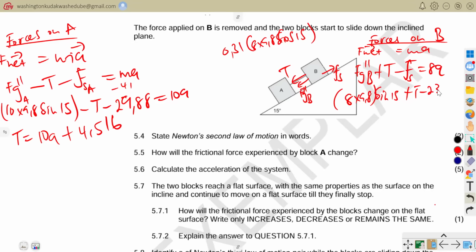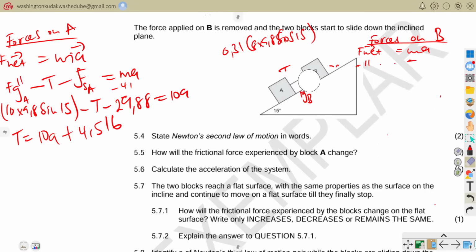So this one will be 23.476 equal to 8A. Maybe let me just create space. We have already seen how those forces are acting, so I would write this one here.